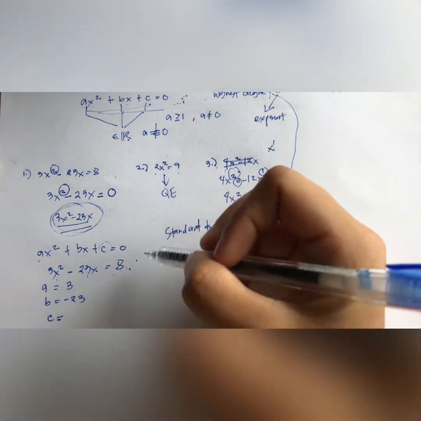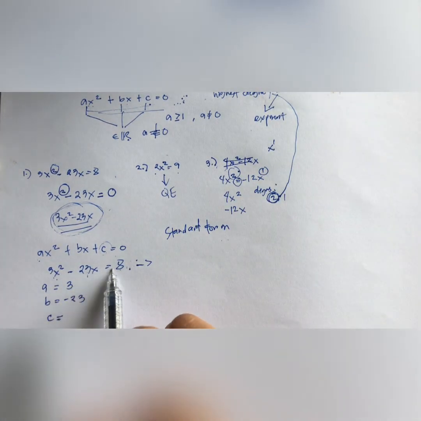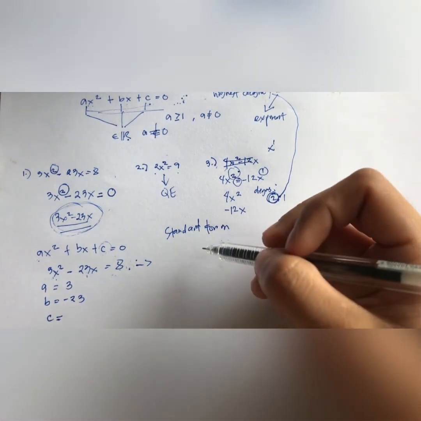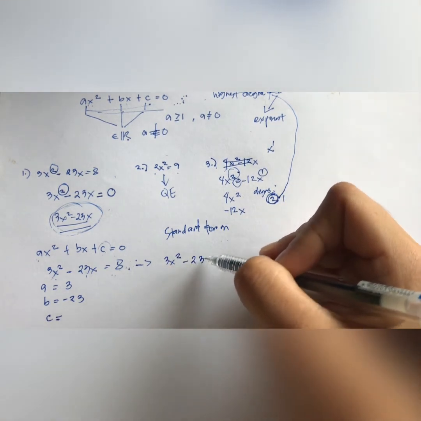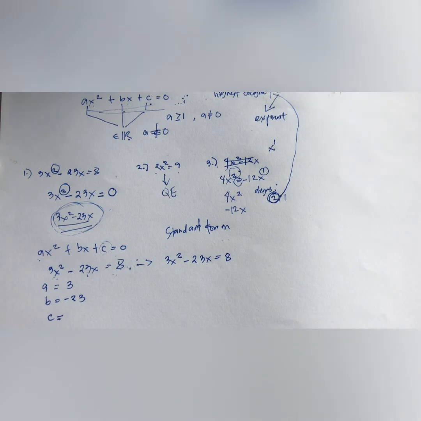So from here, from 3x squared minus 23x equals 8, we have to make this one into 3x squared, copy lang, minus 23x equals 8. So dapat mahimo na siya og kani nga form.